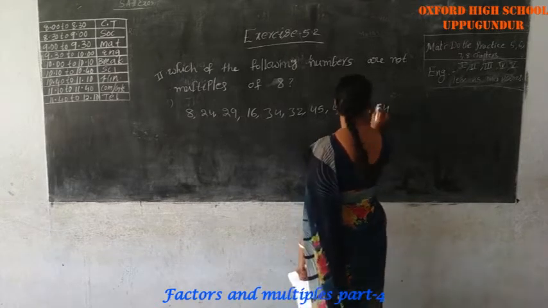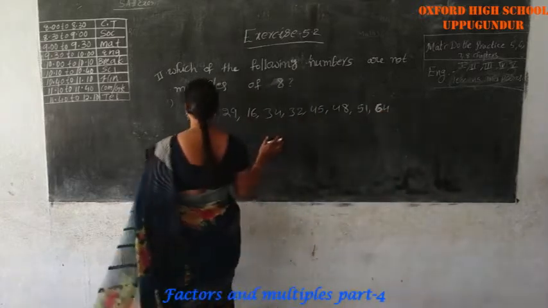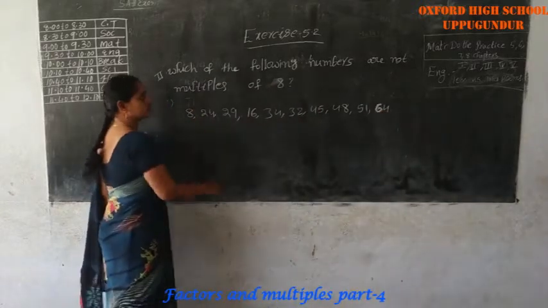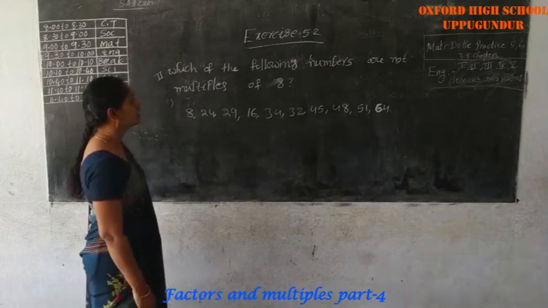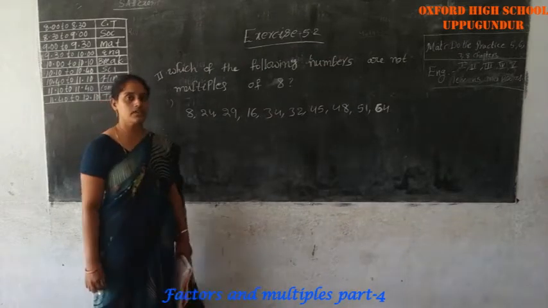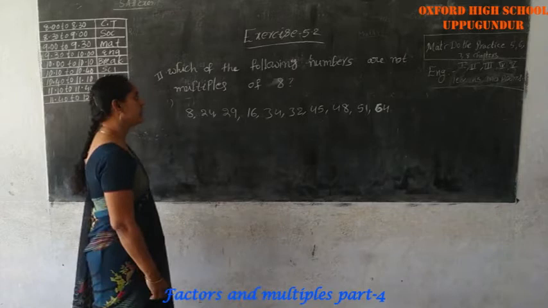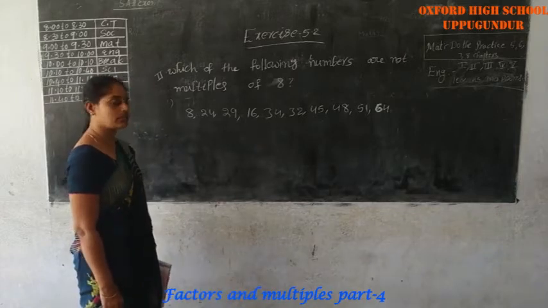See, we will take some values. In these values, we will find out the numbers that are not multiples of 8.